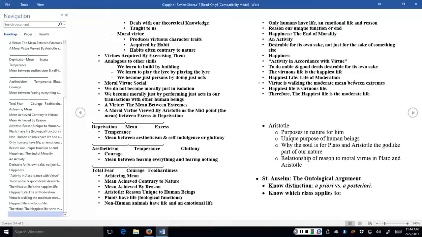For temperance, it's not a total denial, it's not asceticism, a total denial of the needs of our body for food, drink, and sex. But neither is it becoming a sexaholic or a drunkard or a glutton. On the other hand, that's a vice of excess. The other vice is a vice of deprivation, but he says it's recognizing we have these desires, but moderating them.